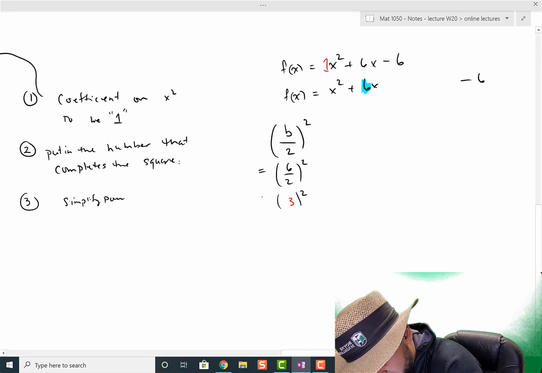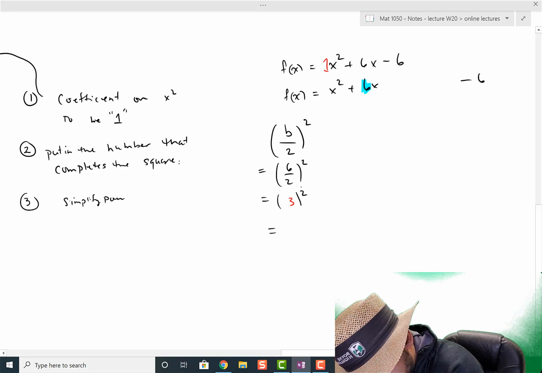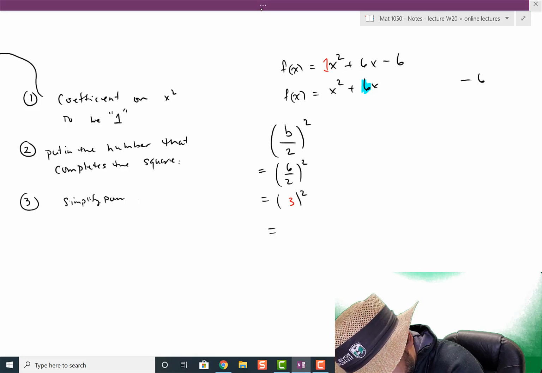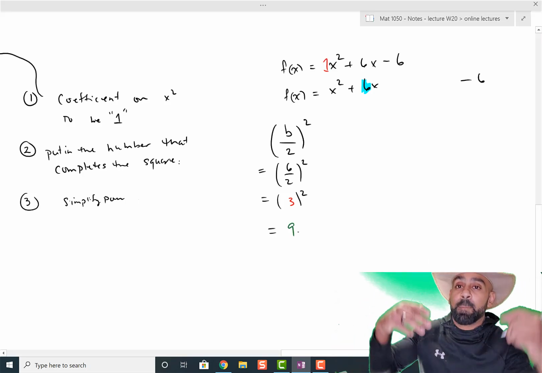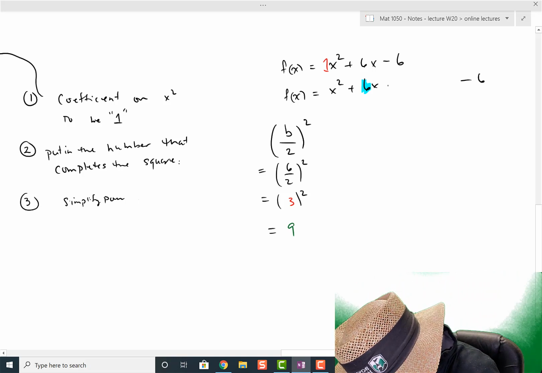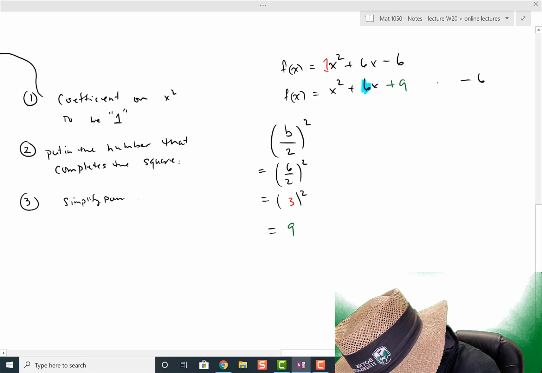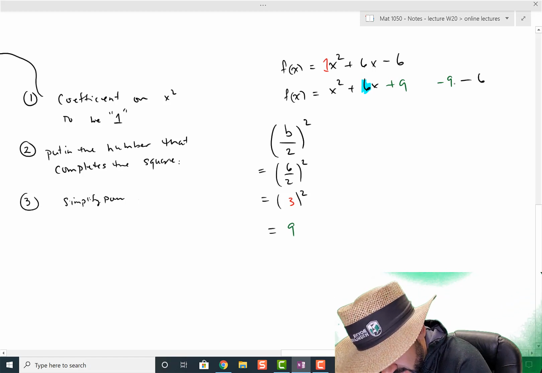And then finally, that ends up being 9. So the number I need to put in that will complete the square will be plus 9. And to balance it out, I'm going to take 9 out immediately. Again, I need to make sure it's 0.